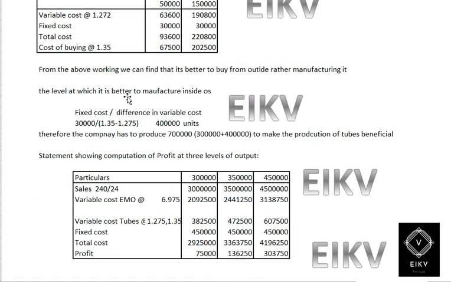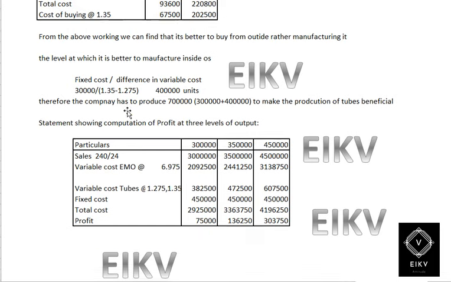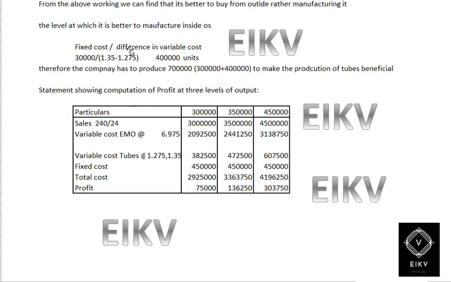The level at which it is better to manufacture inside: fixed cost divided by difference in variable cost will give you the number of units needed in favor of manufacturing inside.